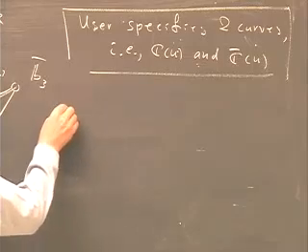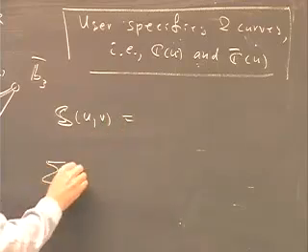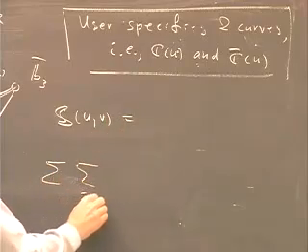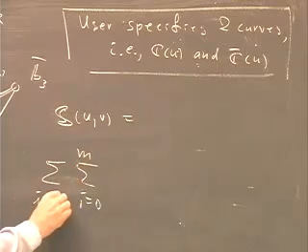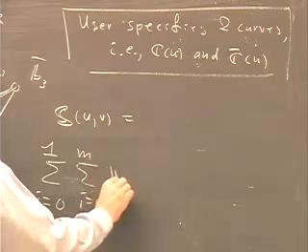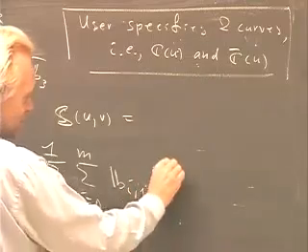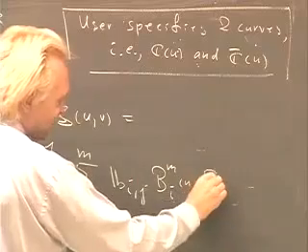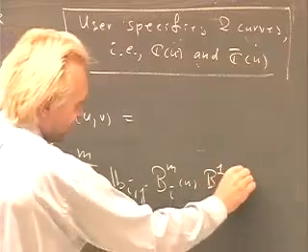So you get the Bezier surface S of u,v, which is a double sum, i goes from 0 to m and j from 0 to 1. It's a ruled surface, meaning we just use as rulings straight lines, linear interpolation. b_ij times Bernstein polynomials B_i^m of u times B_j^1 of v.